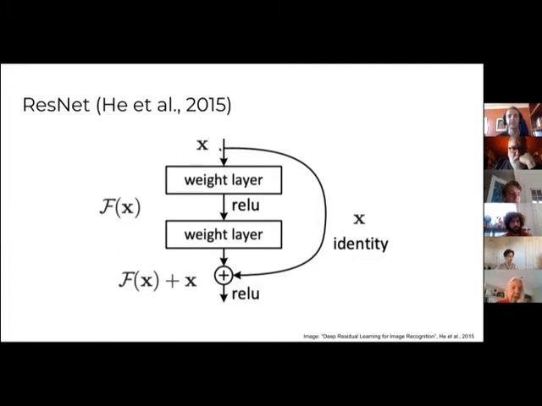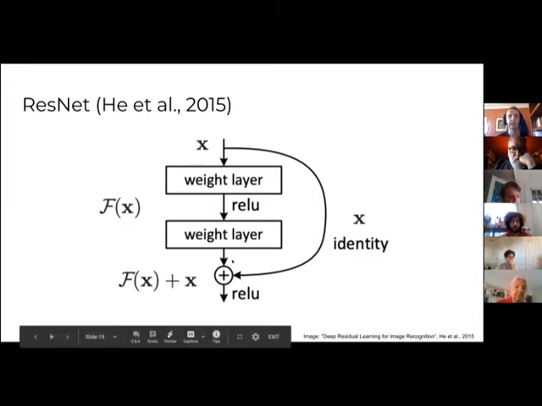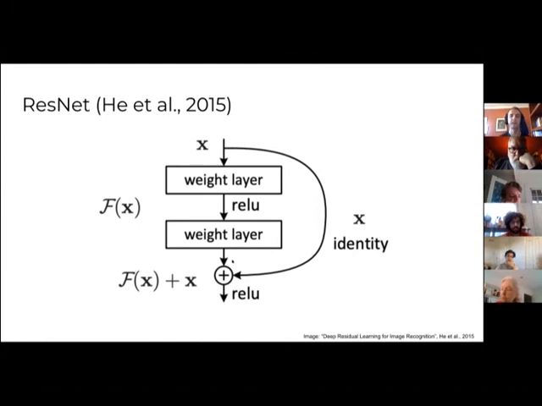They did this with what they call an identity shortcut, connecting the input of a layer to the output of a layer. That allowed them to train really deep networks without running into the vanishing gradient problem. Similarly, ResNet was great at image classification, so for the same reason we used a CNN, we decided to use ResNet for our task.